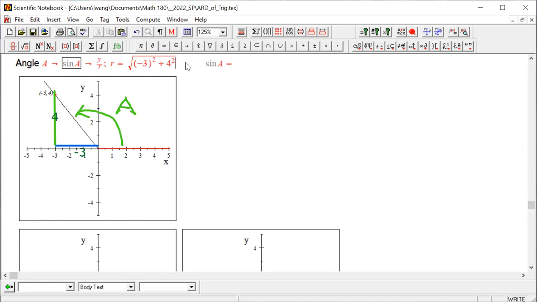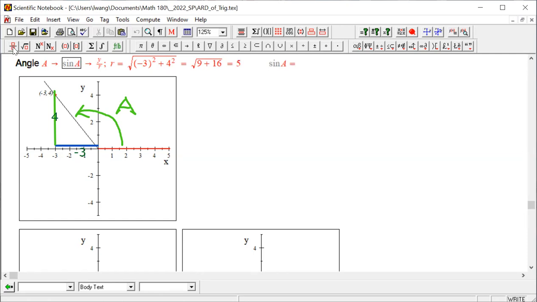So -3 squared is going to be 9, and 9 plus 16, since -3 times -3 is positive. That's the square root of 25, and the square root of 25 is 5.